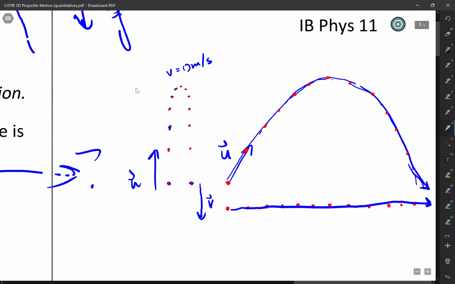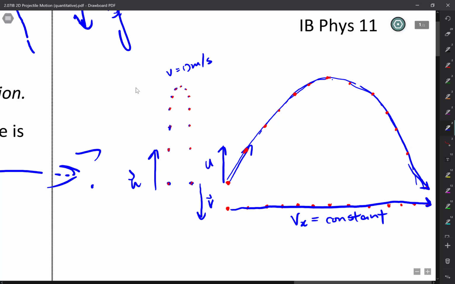That really speaks to the fact that in the horizontal direction, the velocity is constant. So I'm going to write Vx for the horizontal component of the velocity. This is constant, it doesn't change. However, if you take a look at the vertical component, the vertical velocity does change. And that comes from breaking your initial velocity into x and y components.